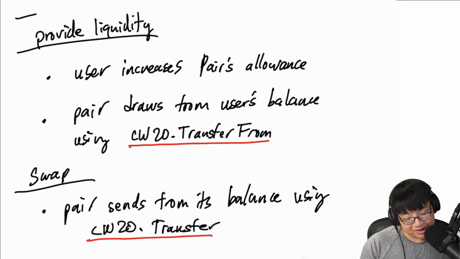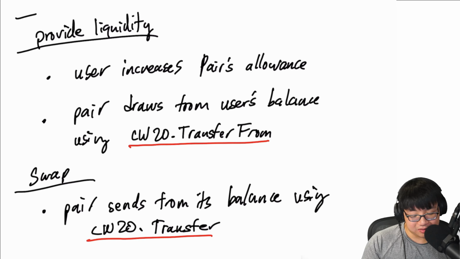When providing liquidity, the user increases the pair's allowance, and then the pair draws from the user's balance using the CW20 transfer from method. Whereas when another user tries to swap, the pair sends from its own balance directly using the CW20 transfer method.